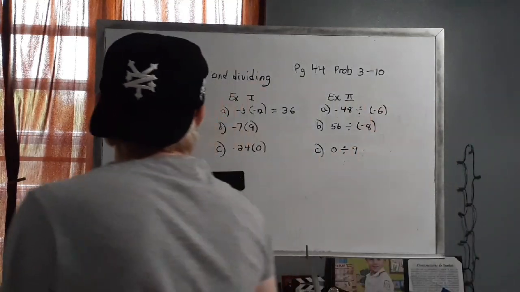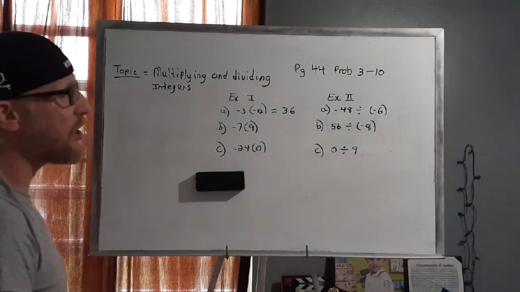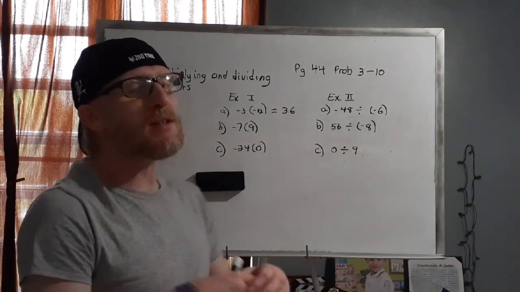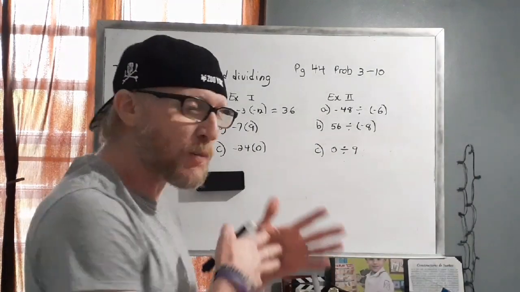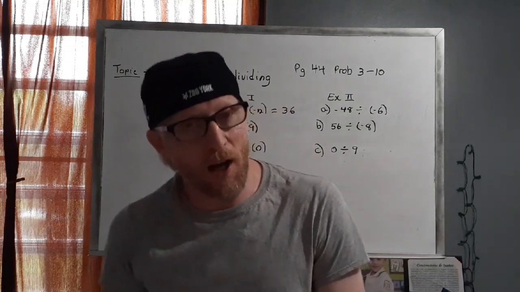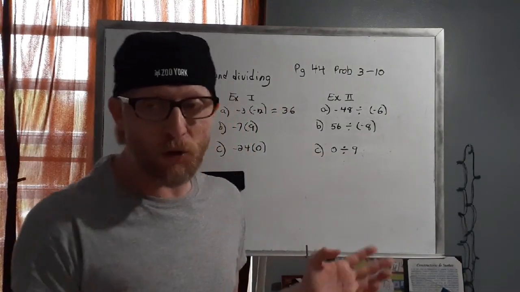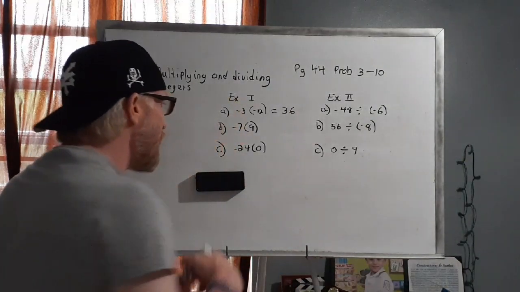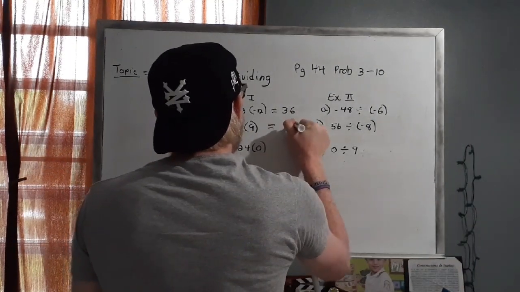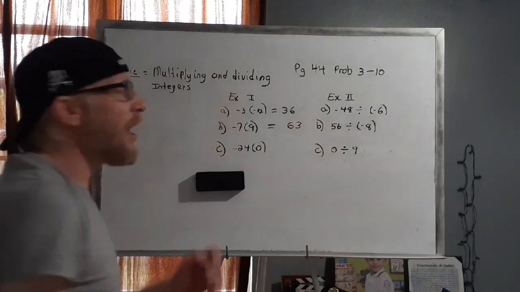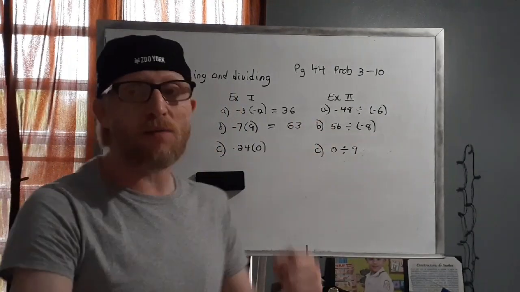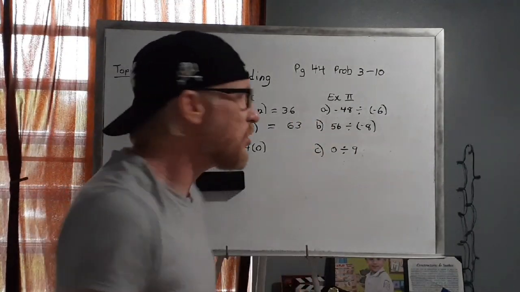But what do we do when we have the second situation? You have negative 7 times 9. How do I multiply a negative number times a positive number? Well, you multiply the same way we multiplied before. 7 times 9 equals 63. The difference is that if I have a negative number times a positive number, my answer is going to be negative.